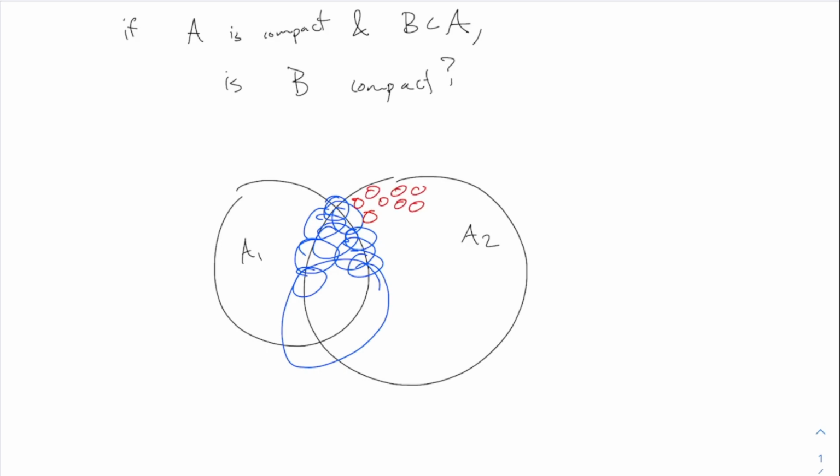And since we assume it's Hausdorff, I can make these sets not intersecting with these sets. And then I can also put sets around every point of A1 so that they don't intersect with the blue ones. And then the fact that each of these has a finite subcover means I will get a finite subcover of the blue ones. But that only works if it's Hausdorff, but it does work if it's Hausdorff. All right. That one is maybe the most complicated of these, and I don't want to get into the details of it, although it's not so bad.